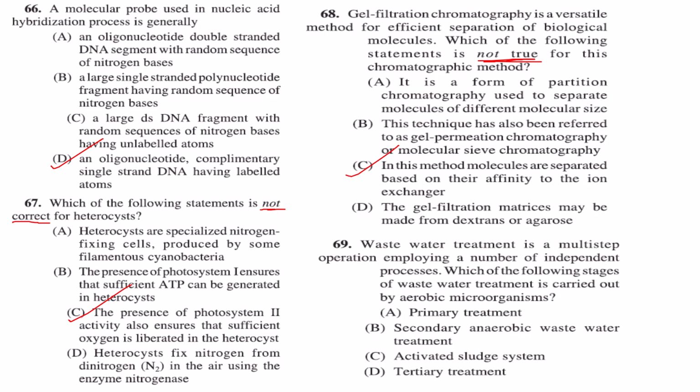Then next one. Wastewater treatment is a multi-step operation employing a number of independent processes. Which of the following stages of wastewater treatment is carried out by aerobic microorganisms? So it is the activated sludge system. They use aerobic microorganisms to break down the organic matter in the waste water.